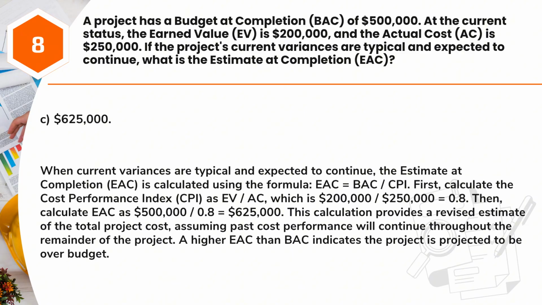Then, calculate EAC as $500,000/0.8 equals $625,000. This calculation provides a revised estimate of the total project cost, assuming past cost performance will continue throughout the remainder of the project. A higher EAC than BAC indicates the project is projected to be over budget.